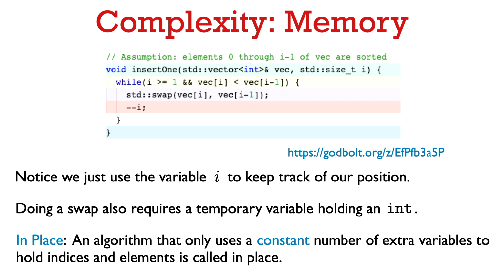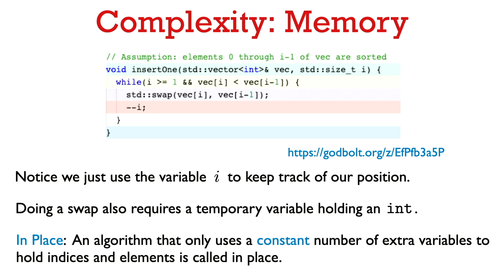So let's look at code for what we've just done. The input to this function is a vector, vec, and an index I. We're going to assume that the elements 0 through I minus 1 in the vector are already in sorted order. And we wish to move the last element, vec of I, into the correct position so that elements 0 through I of the vector become sorted.